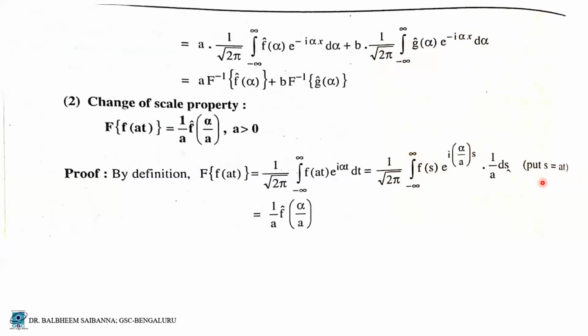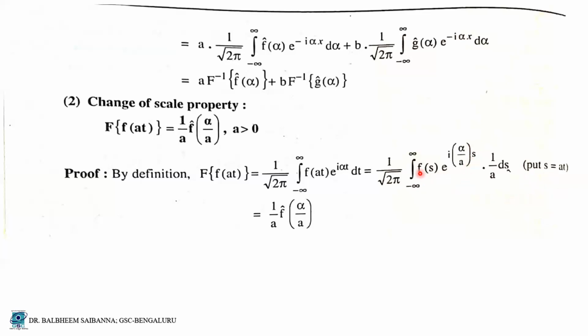The limits are the same; there is no change. But look at the integral, f of at is there. We have s equal to at. Differentiating both sides with respect to t, we get ds by dt is equal to a, that is, dt is equal to 1 by a ds. That we are substituting here.